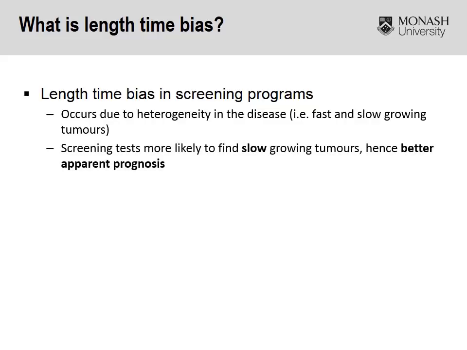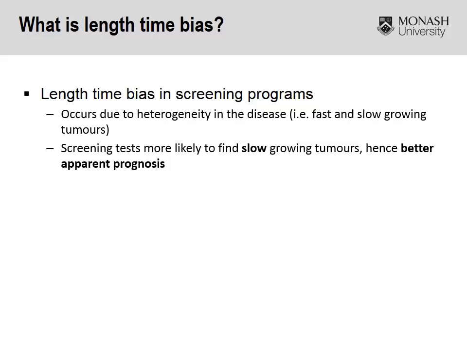The problem with length time bias with respect to screening programs for cancer is that screening programs, just by their very nature, are more likely to find slow growing tumours.